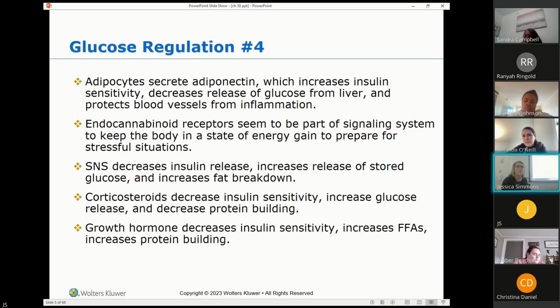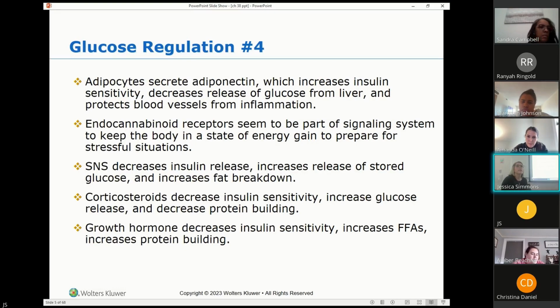So when the sympathetic nervous system is triggered in that fight or flight response, it decreases the insulin release because we need that blood glucose quickly. We need it in the blood. We need it ready to go. It increases the release of stored glucose, which is in the liver in the form of glycogen, and increases fat breakdown because eventually we can use fat for energy.